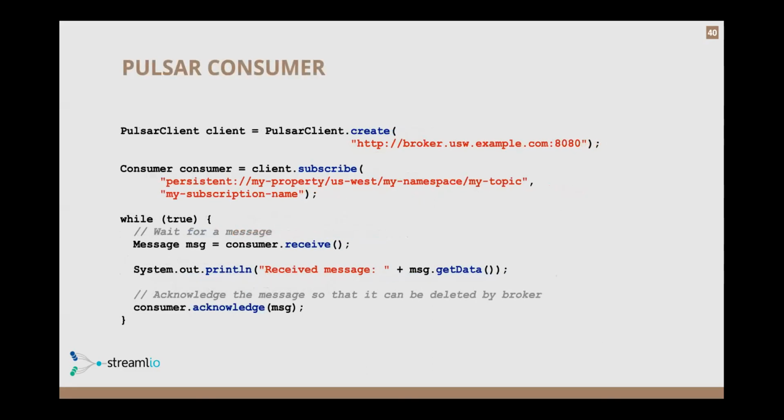On the consumer side, the client creation is exactly the same. You specify the broker, there you go. You're connected. For a consumer, you say, I want to read from this topic, and you also have to provide a secondary parameter called the subscription name, which we alluded to a little bit earlier. Again, that's a logical construct within Pulsar that basically keeps track of where, quote unquote, you are in that messaging process.